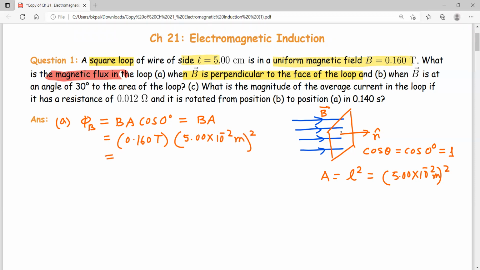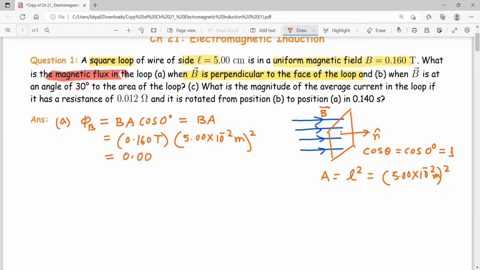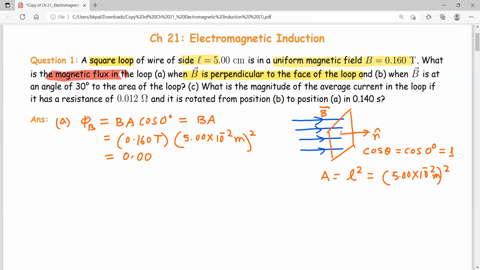So it gives me 0.00040 Tesla meter square.